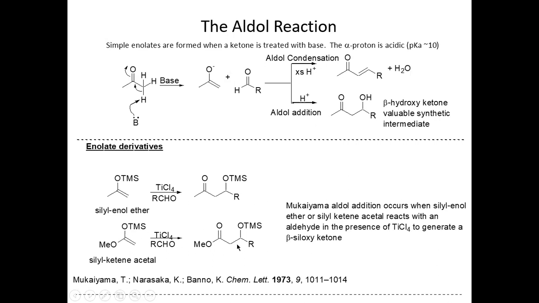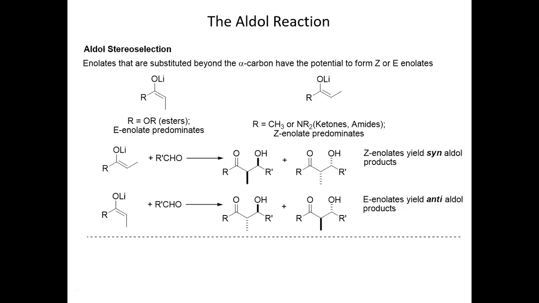So now you've got a beta hydroxy ester derivative, which is again a powerful precursor because you can think about the ester group right here, what you can convert it into, what you can add to it, and it gives you a great precursor for building up more complicated molecular architecture.